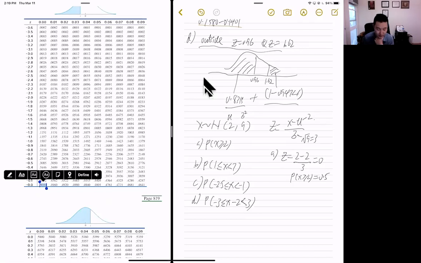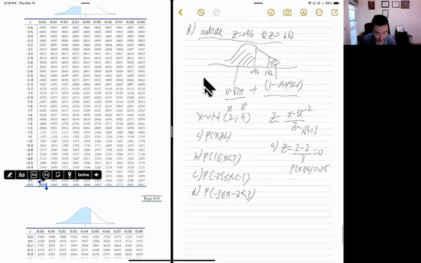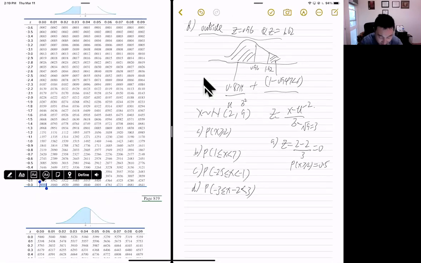Okay, over that. Right. For B, again, we calculate the two z-values based on this equation. Right. So I'll just show you one of them. So z for x equal to 1, so 1 minus 2 over 3.